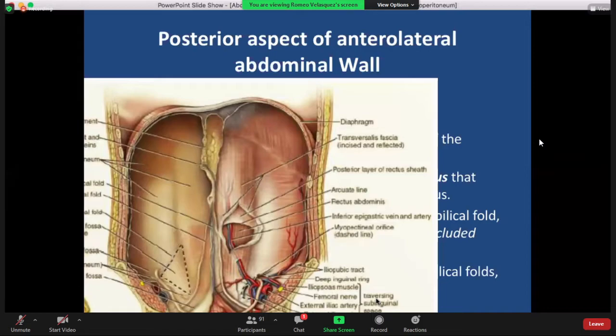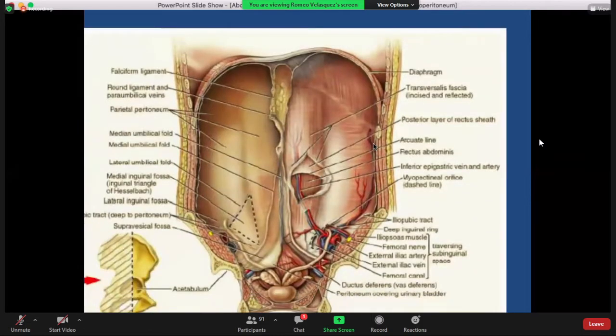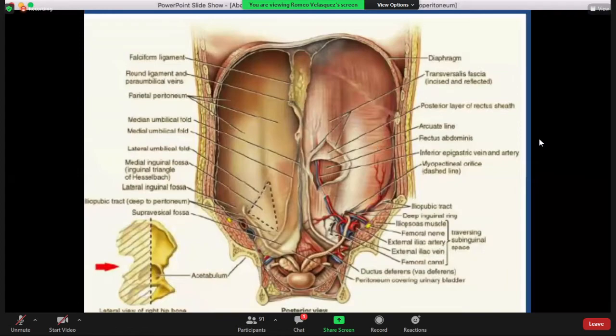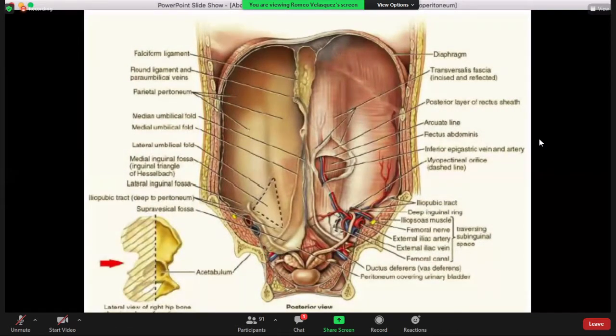So this is what we're talking about. This is the dissected posterior surface of the anterior abdominal wall. You will see there the inferior epigastric vessels originating from the iliac vessels.